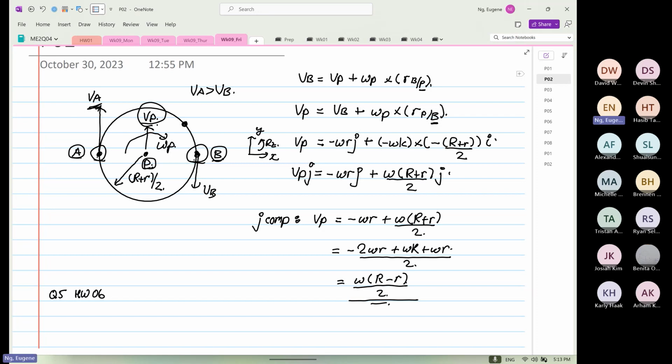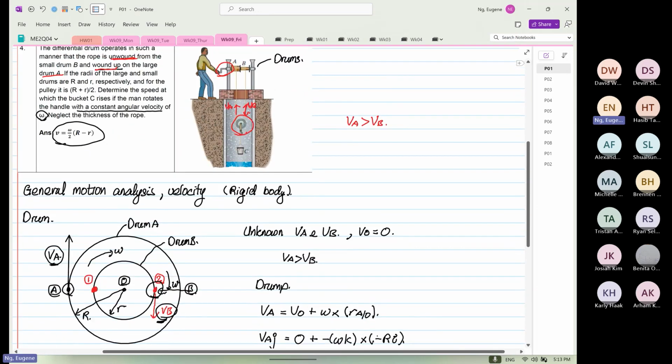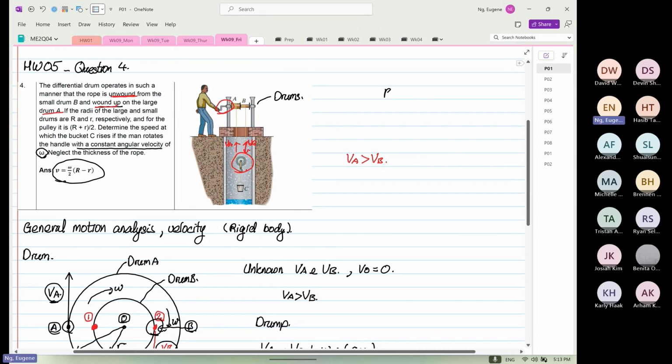That's the only reason. I'm not saying that you are wrong. What you're specifying is only for one unique situation. You understand? For this case, the question did not specify big R is equal to twice small r. It just said that this is big R, this is small r, and the pulley is R plus R divided by 2. That's all.